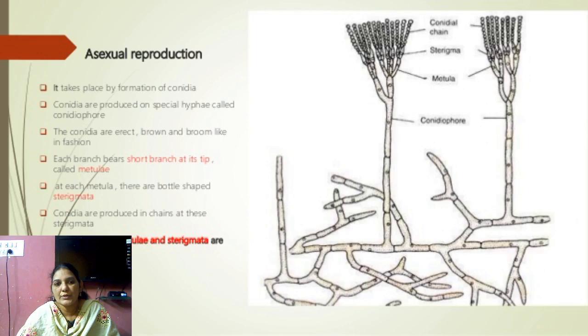The conidiophore has many nuclei, and it produces at its top a round shaped structure, that is called conidium. One nucleus enters into the conidium, and that is one single cell.